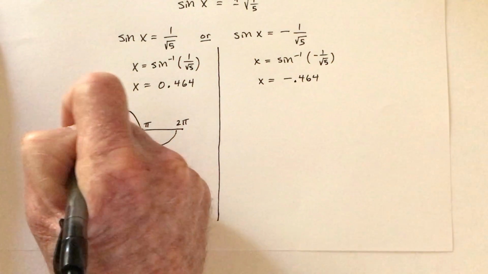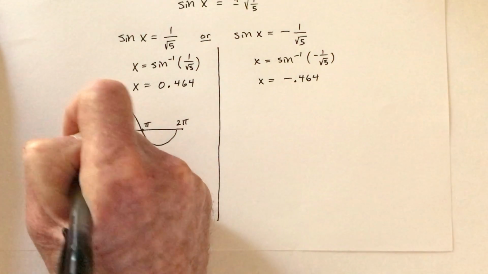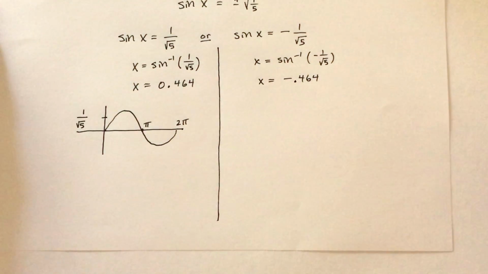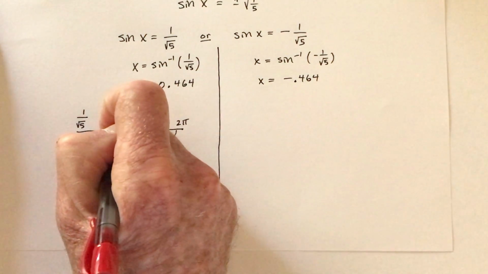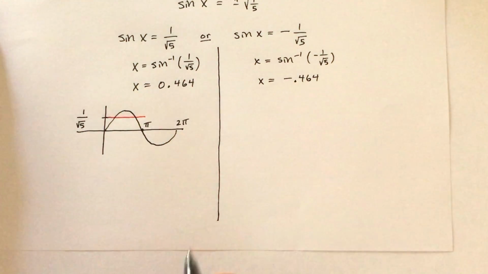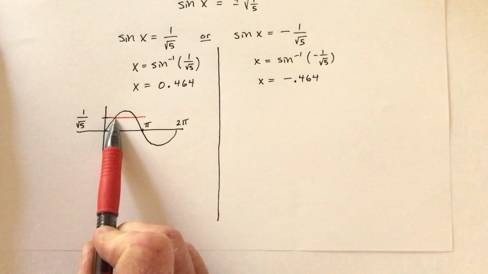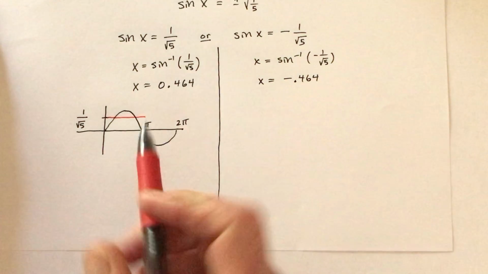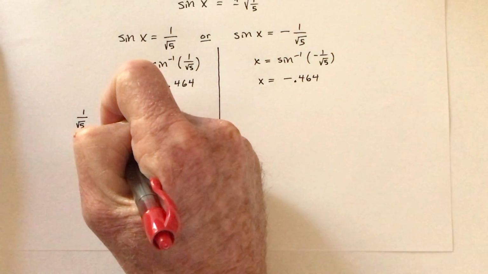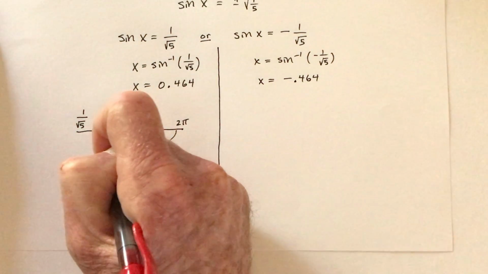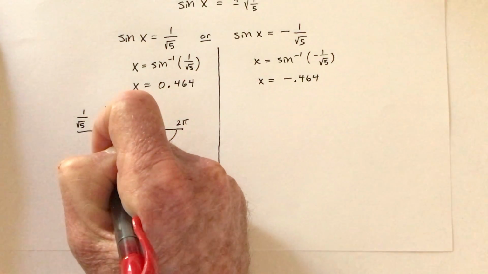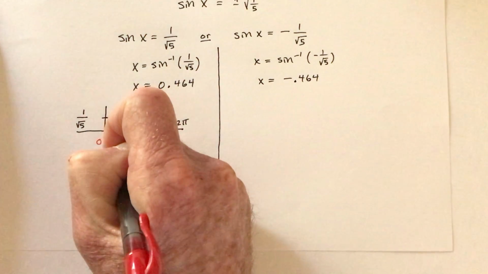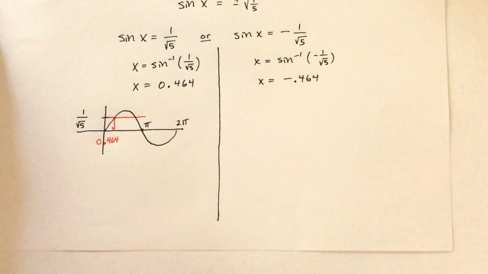So let's say on the y-axis, right here is 1 over the square root of 5. And then if you make a horizontal line go straight across, there's actually two answers. 1, 2. So the calculator gives you the one that's closest to the x-axis. So that is the 0.464. Any other answers you have to find yourself.